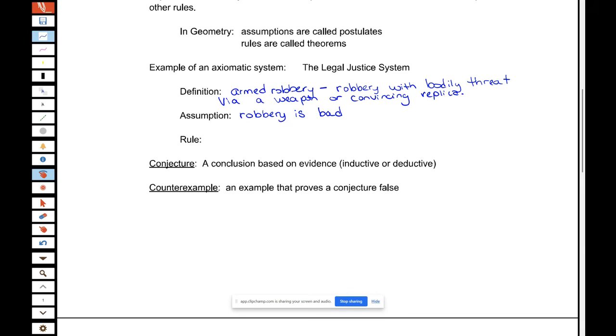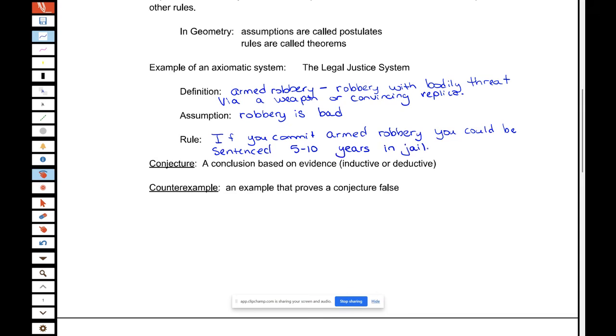And then the rule could be something like the consequence of it, like if you commit armed robbery, I read online that you can get between 5 and 10 years in jail. You could be sentenced to 5 to 10 years in jail. Not worth it. So that's an example within the axiomatic system.